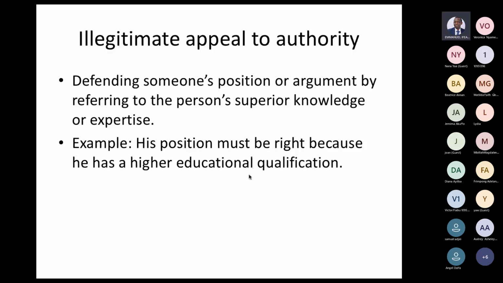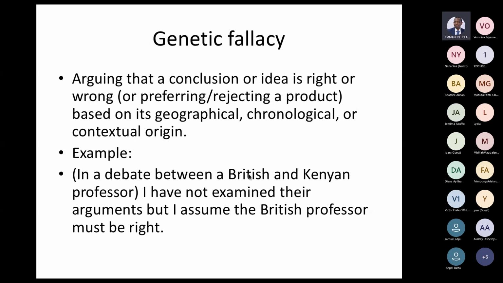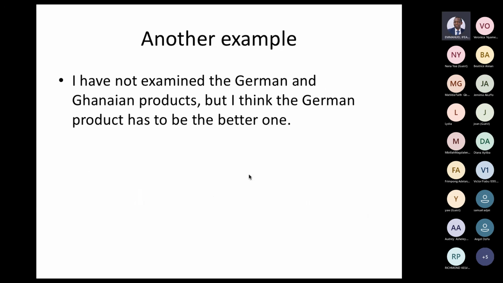Saying that people are correct because of their positions or education or qualifications is an informal fallacy. Genetic fallacy is an informal fallacy. Saying that someone is correct because he's a European, or that we should adopt someone's position because he's a fellow Ghanaian or a fellow African, that's an informal fallacy too.